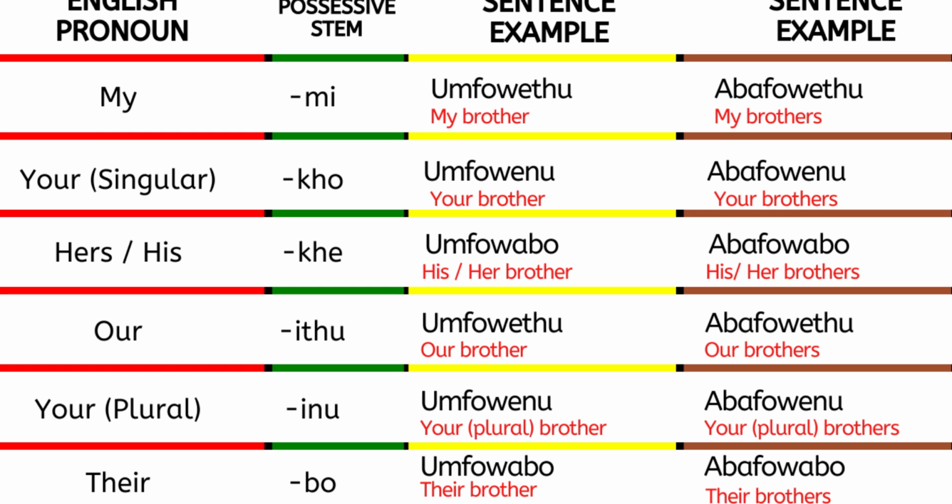So this is all dialect now, you can hear someone saying umfowethu, and someone else saying umfowethu. I say umfowethu, umfowabo, umfowenu, but other people say it differently. It's really a dialect, and there's really not much to that.